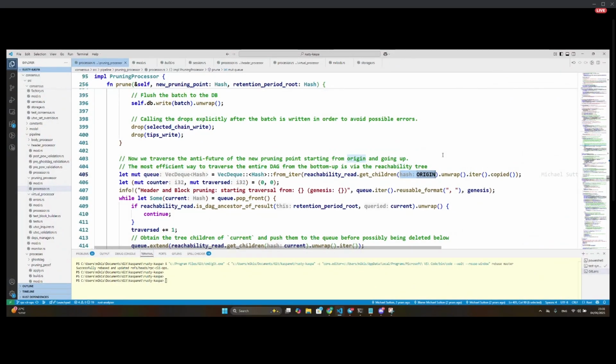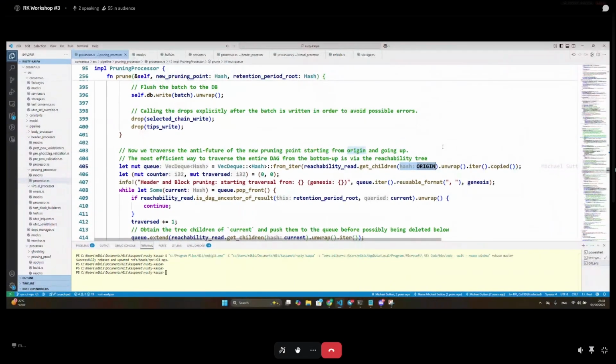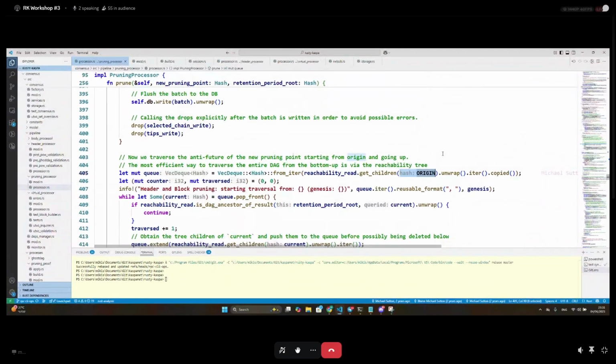It's not a non-existing block; it's just a special hash, which is like the root of the local DAG. Any block we have, if we don't have any of its parents locally because we pruned them all, would point at origin as a parent. So essentially, it's the most bottom point in terms of topology we save.